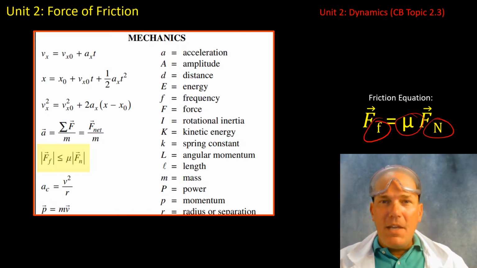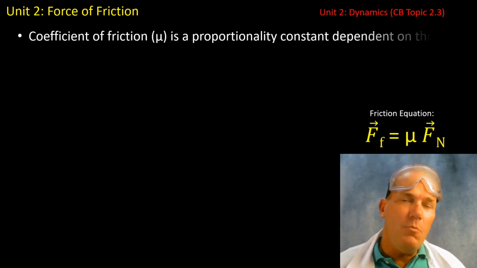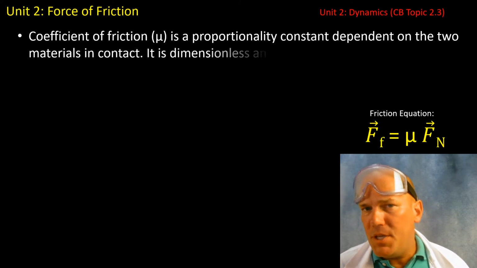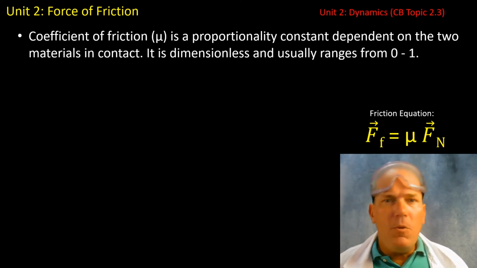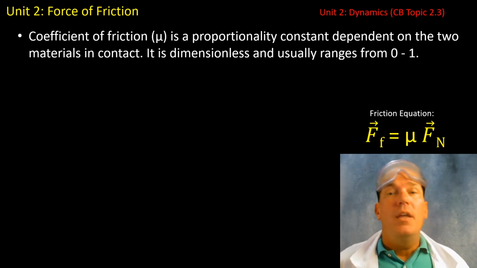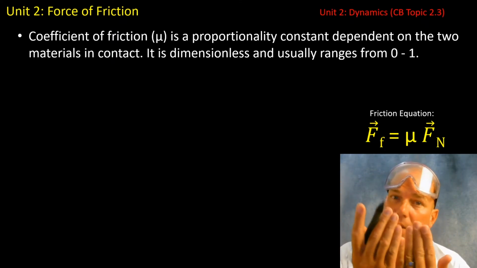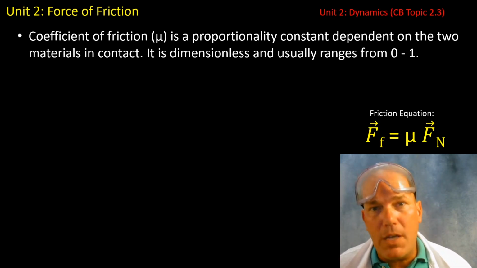So, moving on to talk more about these types of friction. When talking now about mu, it is the coefficient of friction. It's a proportionality constant, and it depends on the two materials that are in contact. Now recall that schematic I showed you on the microscopic level.